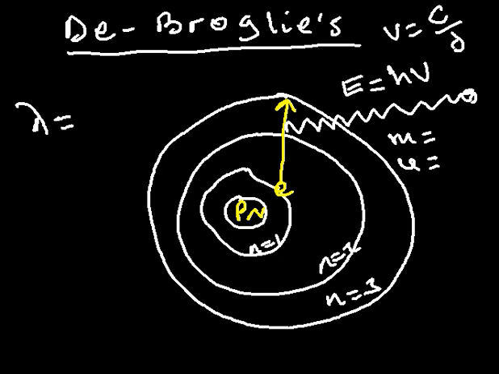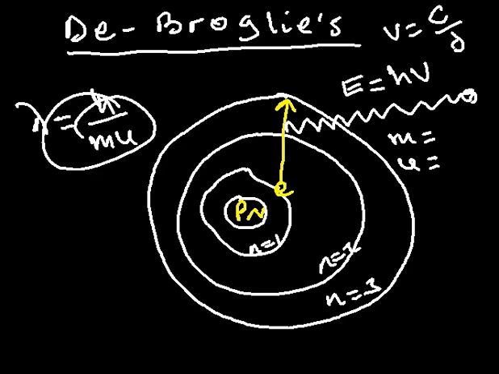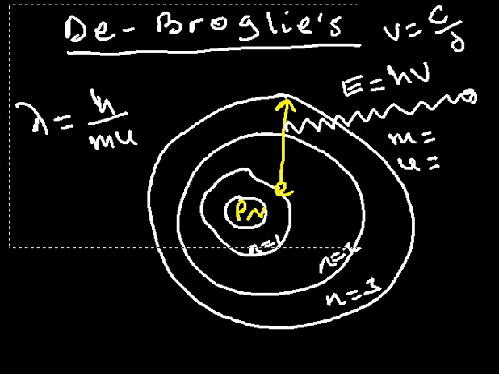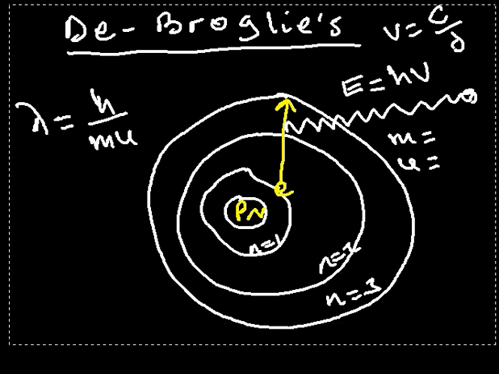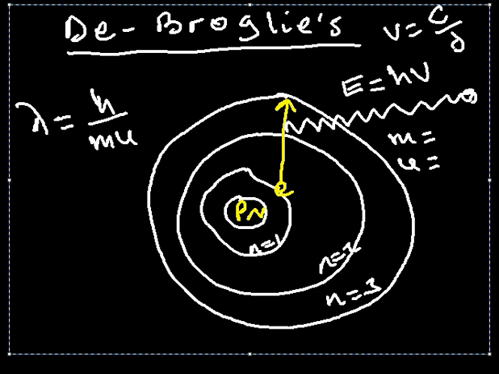The wavelength is given as Planck's constant divided by the mass of the particle times its velocity. This is what we call the de Broglie equation, and it is used to get the wavelength from the mass of the emitted particle and the speed at which it is moving. And this is Planck's constant. So that's how you have to get it.